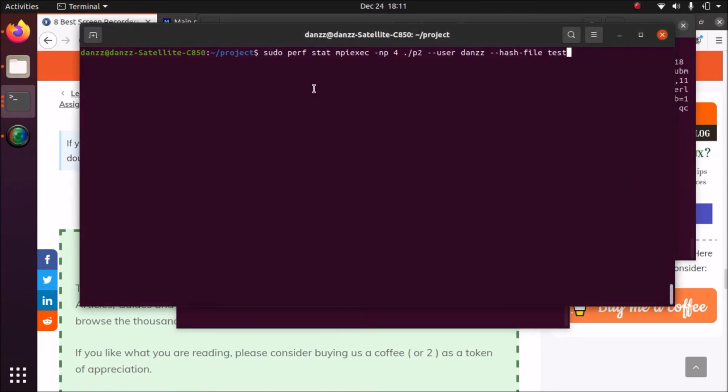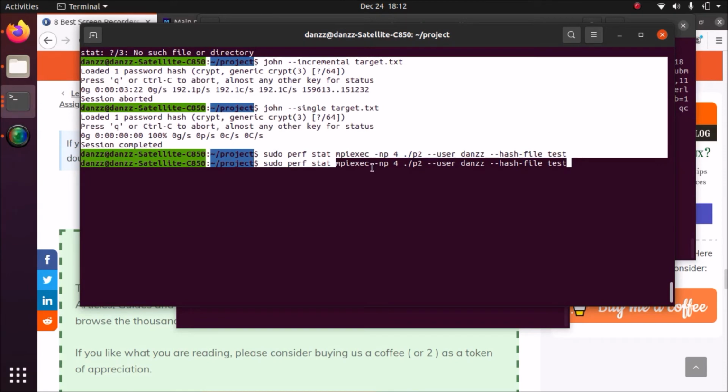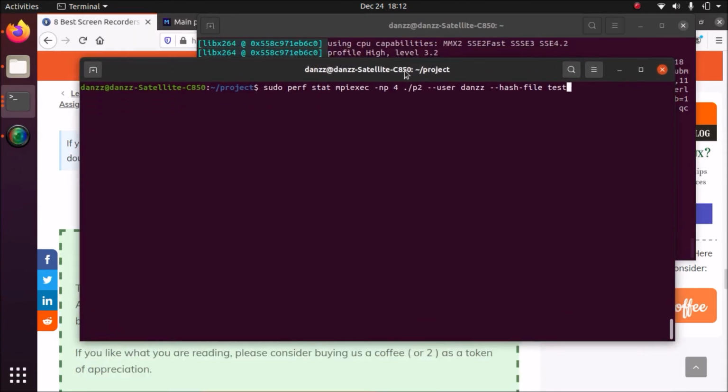Now I will run this command. So sudo for root privileges, perf stat for statistics regarding the execution of the following command. Here the same mpiexec, MPI for message passing interface for a distributed environment, and I have specified four processes, and this is my application and the arguments required by it.